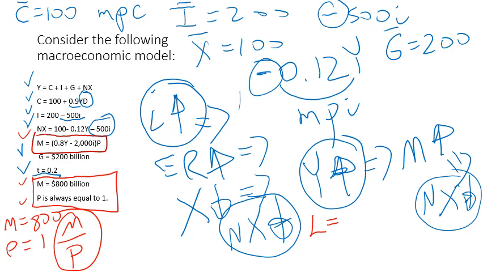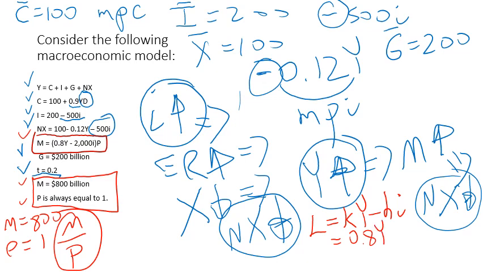L is the equation for money demand. So you remember L, money demand, is equal to K times Y minus H times I. So what's K here? Well, K is 0.8.